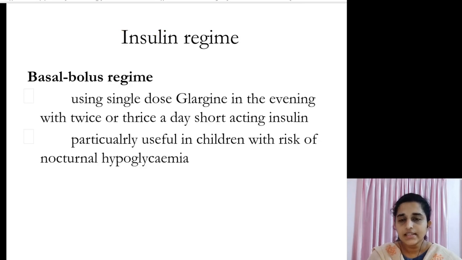The next is the basal bolus regimen, that is using a single dose of Glargine in the evening with twice or thrice a day short-acting insulin. This Glargine is useful in children at risk of nocturnal hypoglycemia, that is hypoglycemia especially in the night.